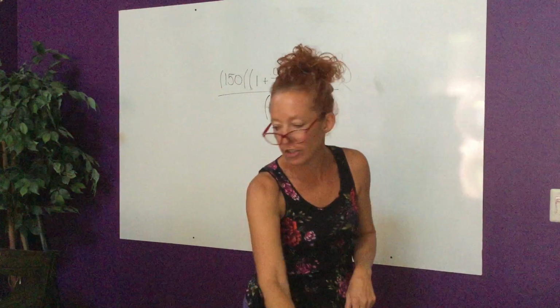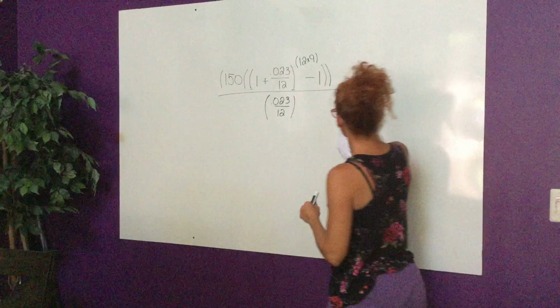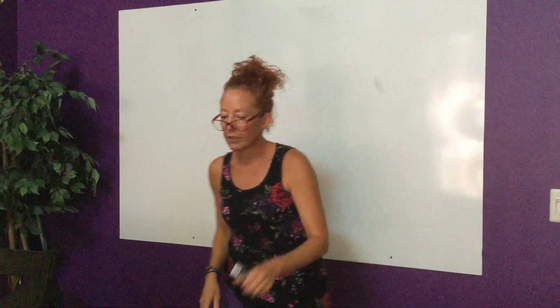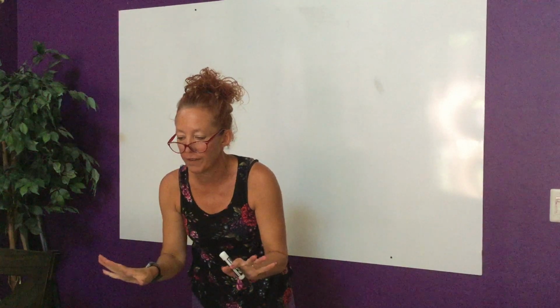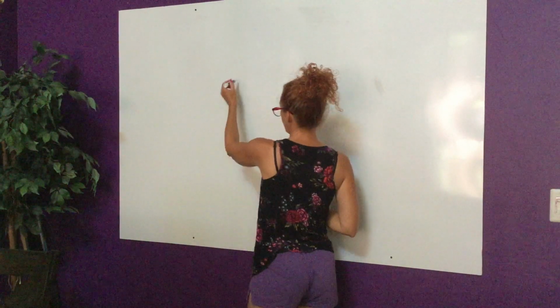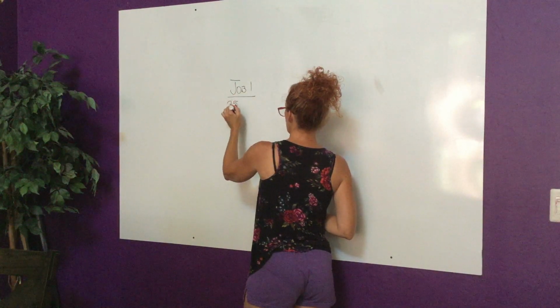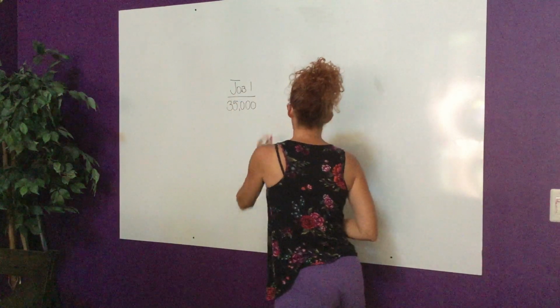All right, job 1, job 2, question 7. Job 1, job 2. The first one is just 35 grand a year. So you might just want to scribble out what that looks like.